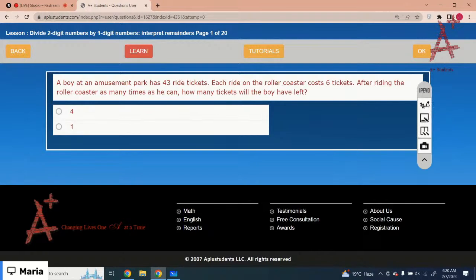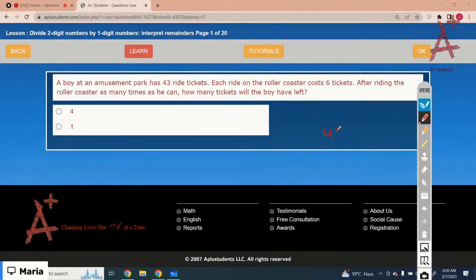Okay, so he has 43 tickets. So just divide 43 by 6. So 6 times what number is 42, 43 or less than 43? 6 times 7 is 42.